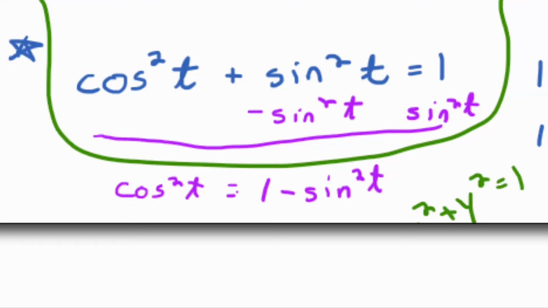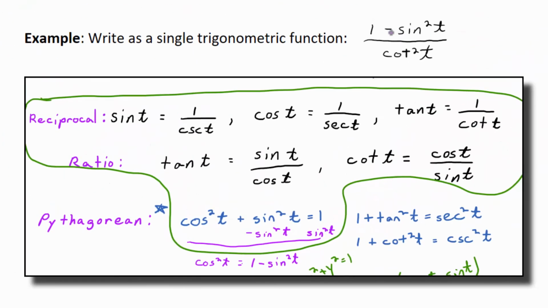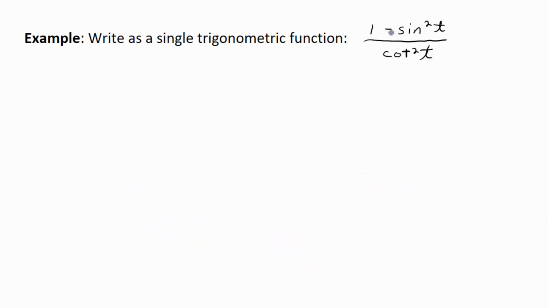Okay? So long story short then, I can replace 1 minus sine squared t with cosine squared t. So this guy that's given is the same as having cosine squared t on top, cotangent squared t on the bottom. We're still not there yet, but it's closer to being a single object than it was before.